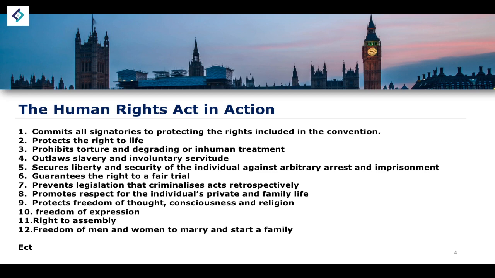Now, a lot of these rights, you will know, are drawn from the European Convention. For example, Article 6 of the European Convention also guarantees the right to a fair trial. We also have the freedom of expression, the right to assembly, and the prohibition of torture and degrading or inhuman treatment in Article 3 of the European Convention. The right to life exists within the European Convention as well.